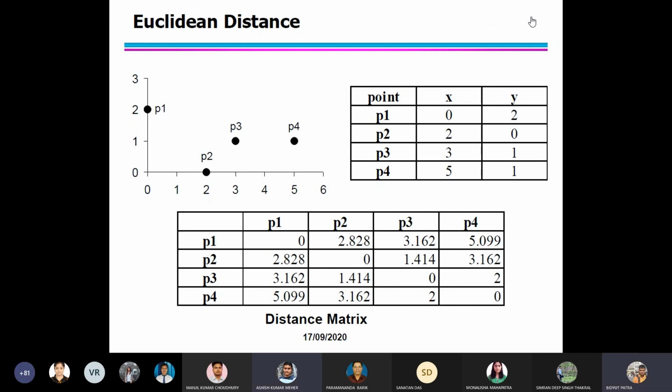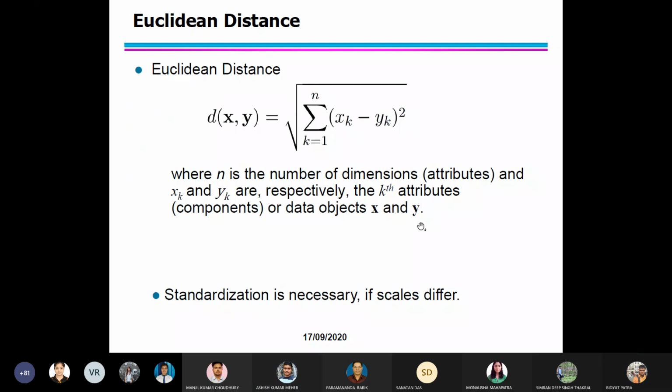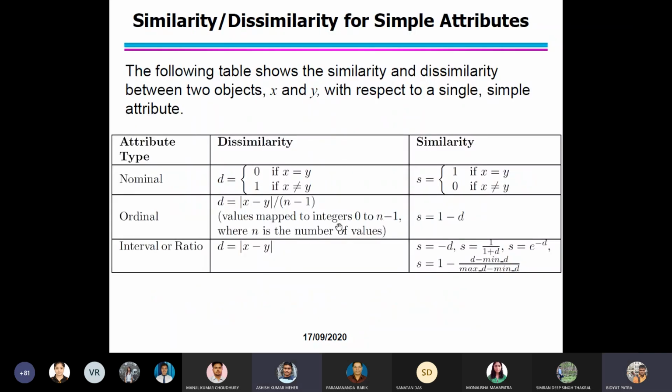Sir, can you please explain that ordinal attribute once again? Yes, sure. For an ordinal attribute, we have large, medium, and small, so you have 3 distinct values. We map these values to corresponding positive integer values starting from 0 to n minus 1.